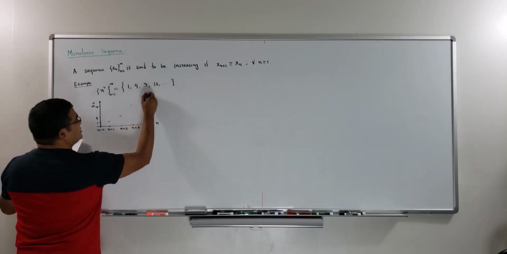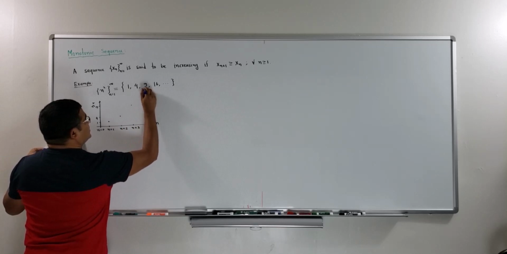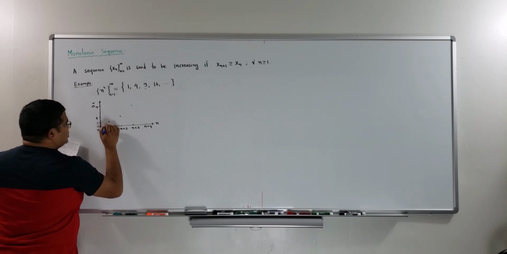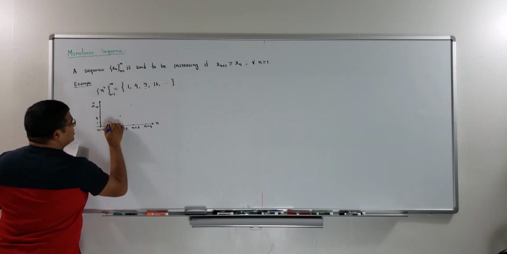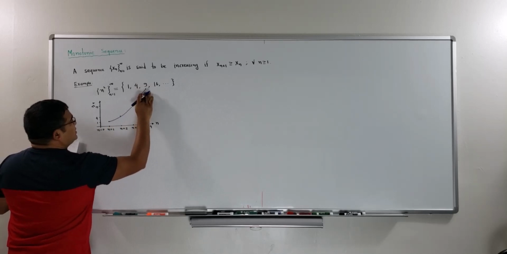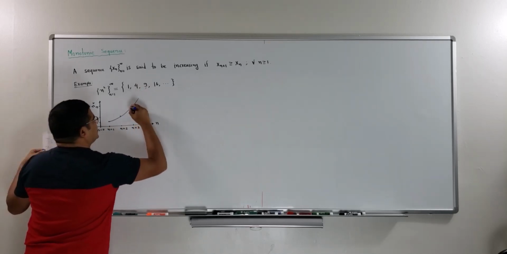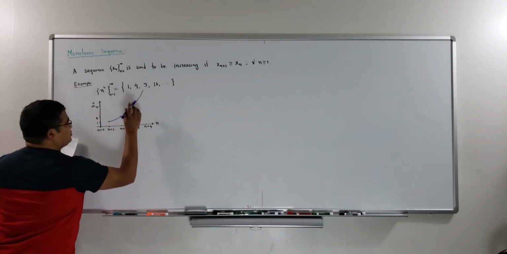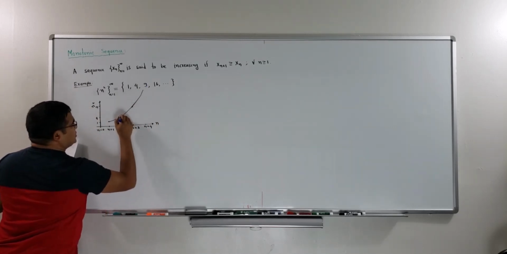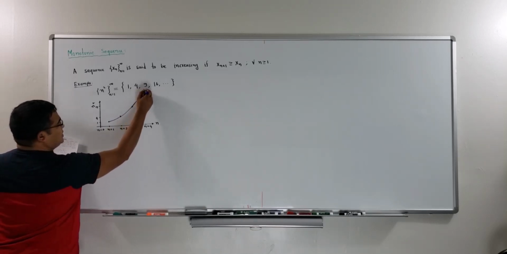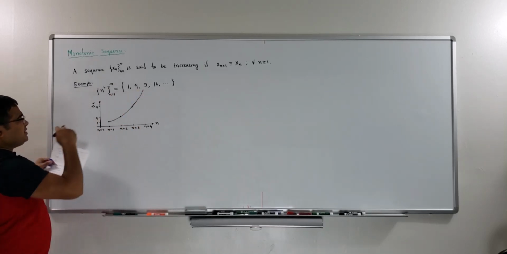If you add those points, you will get an increasing graph, this type of graph. So this is an increasing sequence.